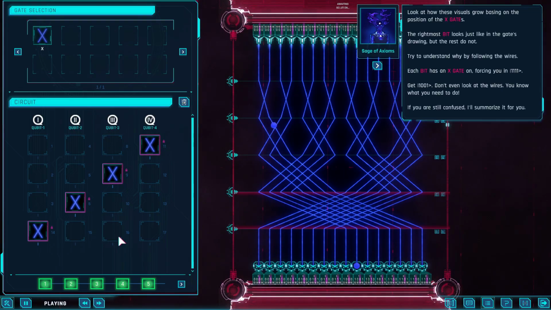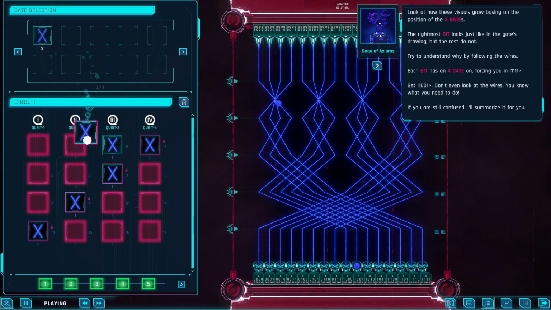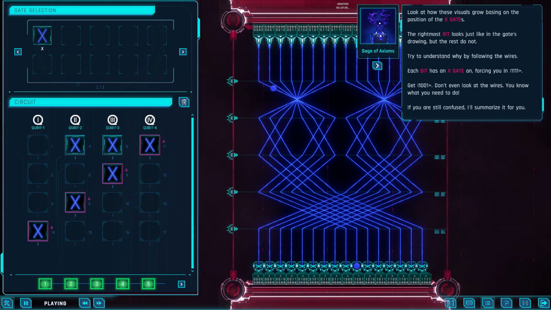And the solution to this is basically the same as the solution before. It's just place 2 X's in the columns that we want to be 0.